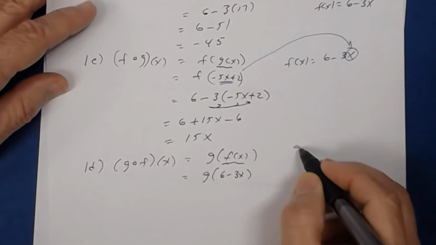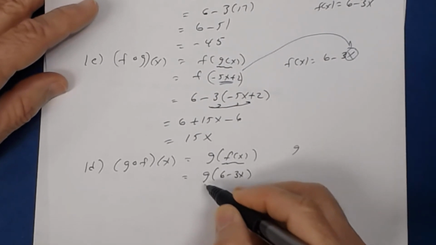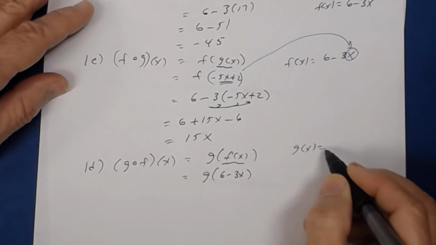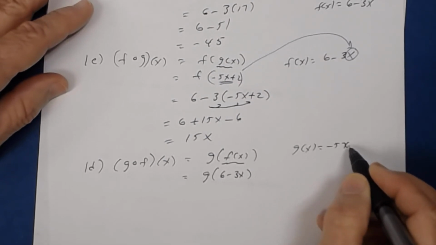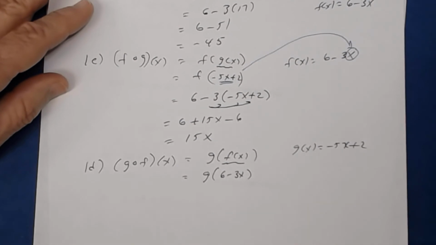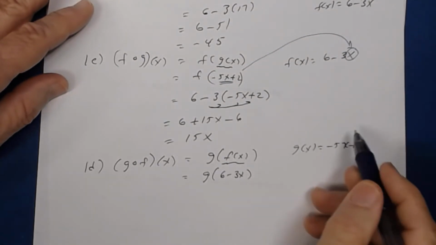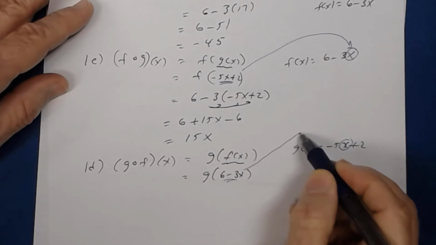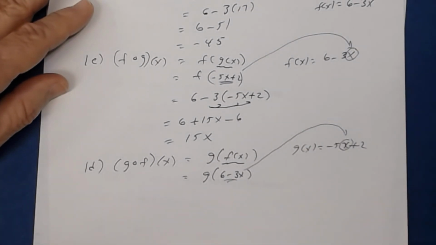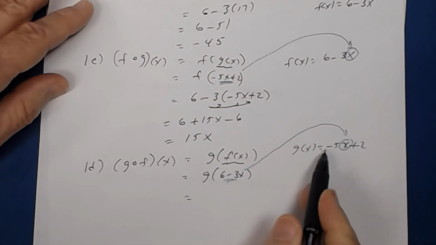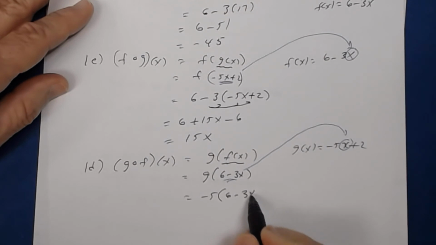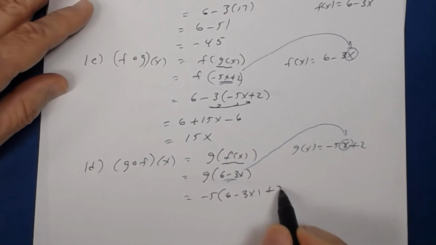So then, remember, now you have to go to your function g and substitute this where we see the variable. So g of x, remember, is this function. And so here's the variable x right here. So in place of that, I'm going to substitute 6 minus 3x. So this becomes negative 5 times, in parentheses, 6 minus 3x, and then plus 2.